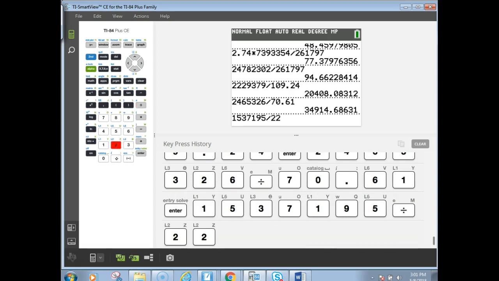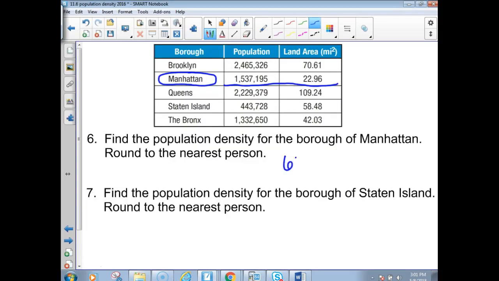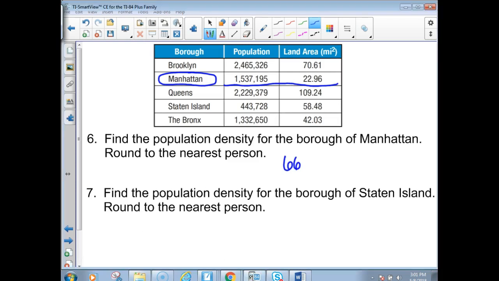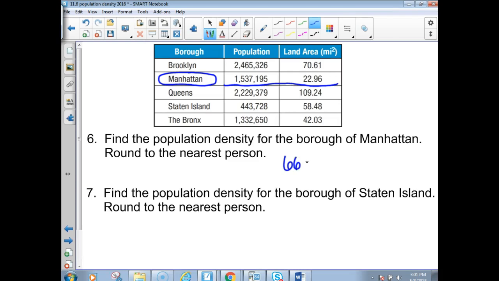There's only 22.96 square miles in Manhattan. There are 66,951 people per square mile at the time this data was put into place, or thought of. 66,951 people per square mile.